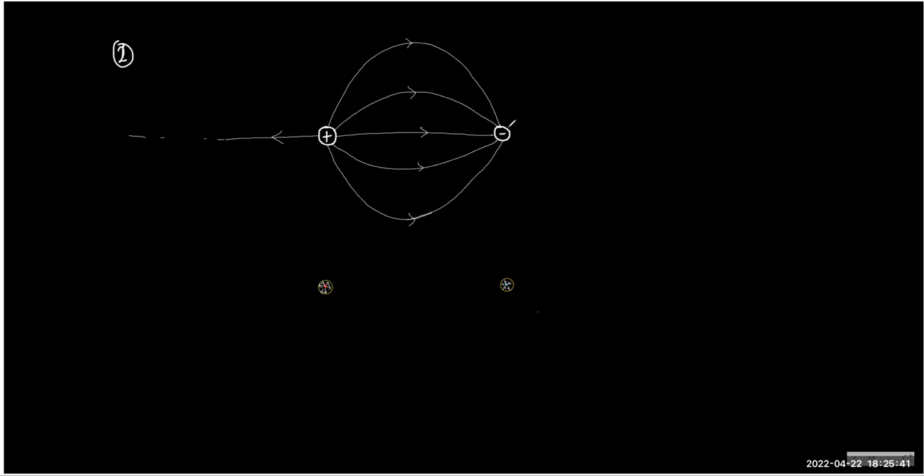Everything leaving the surface will come back. Because of attraction, it will try to go back and come like this. So you can see that everything leaving the positive is eventually coming to the negative and terminating.